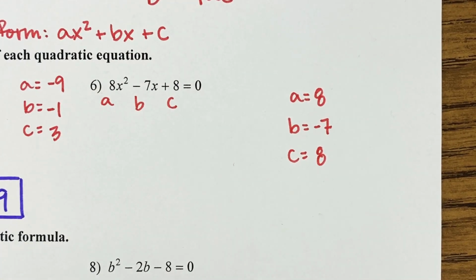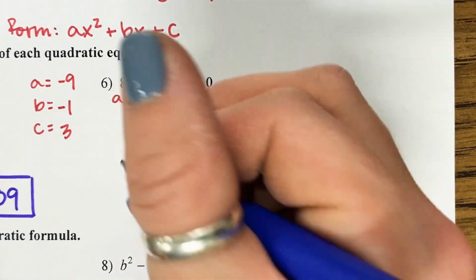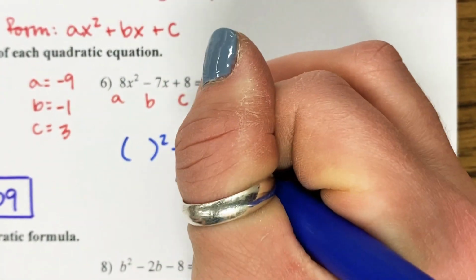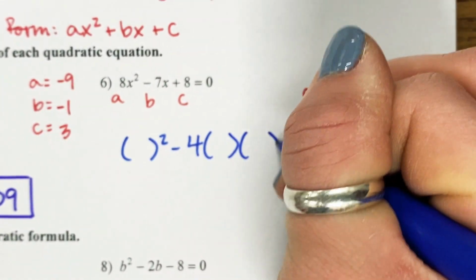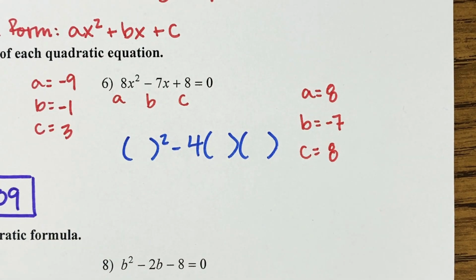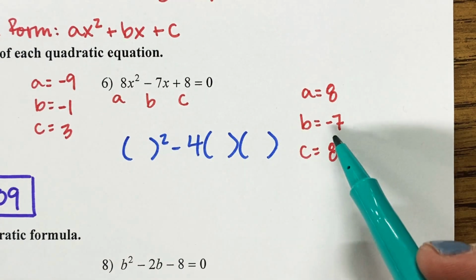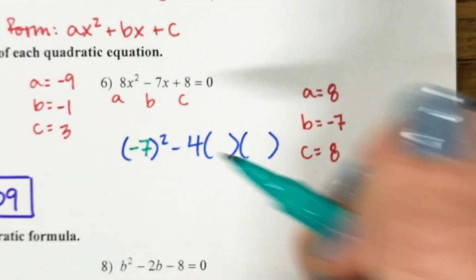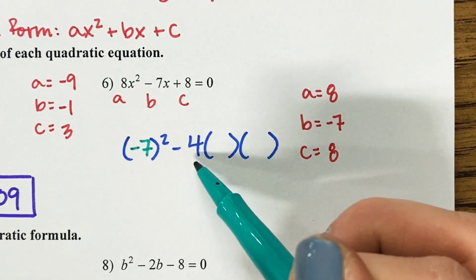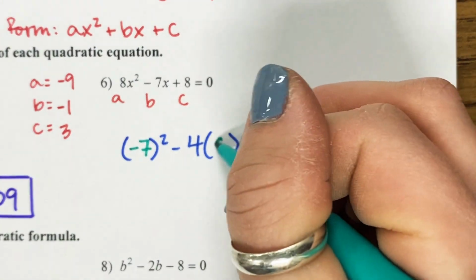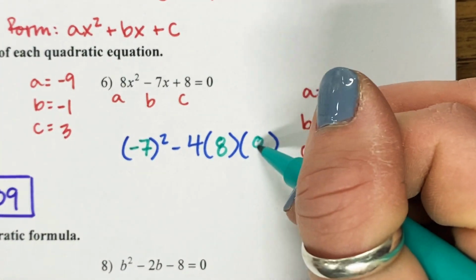Now I can fill in my discriminant formula: b squared minus 4 times a times c. First comes my b squared, and my b is -7. Minus 4 times a is 8, times c is also 8.